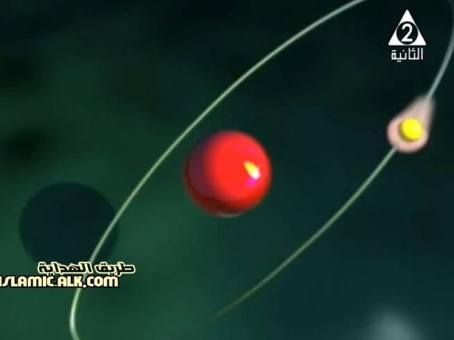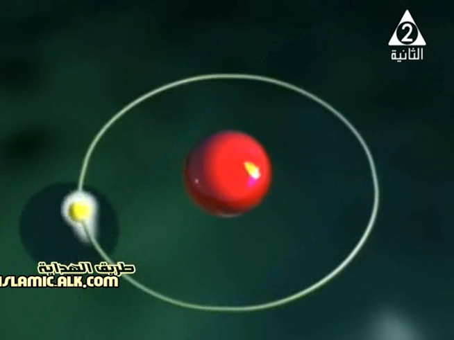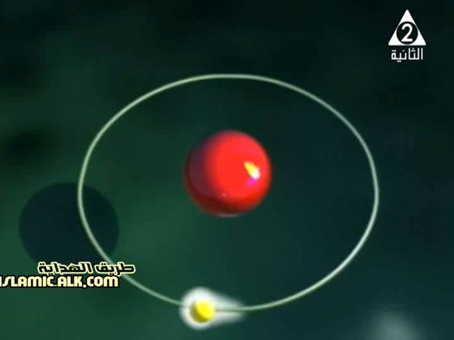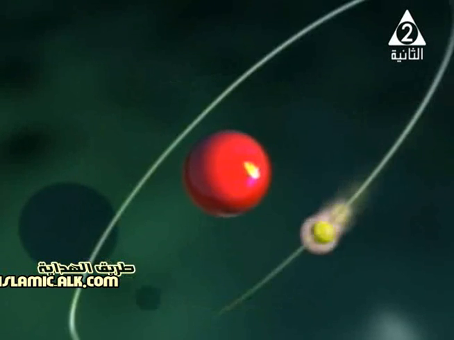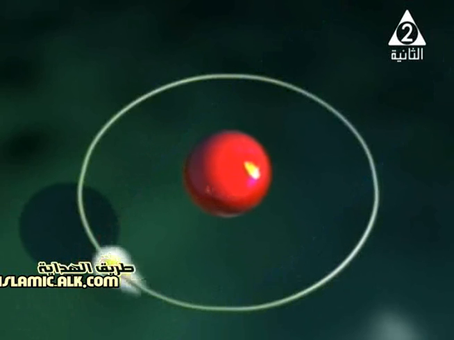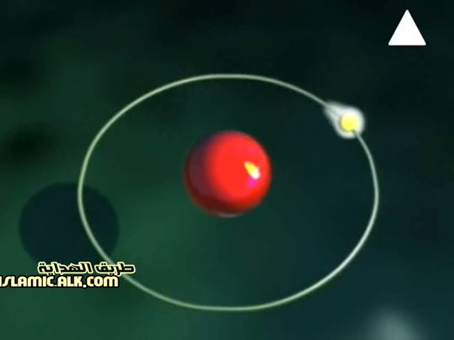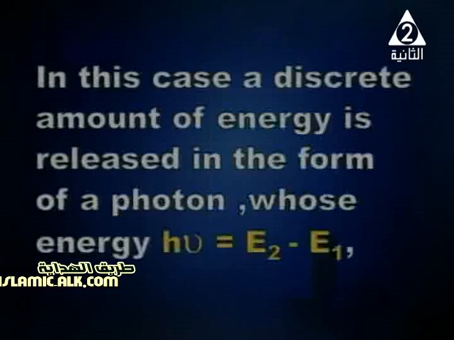Now we are talking about the situation in which the atom emits light. To radiate a photon, an electron should make a transition from higher energy level E2 to lower energy level E1. In this case, a discrete amount of energy is released in the form of a photon.